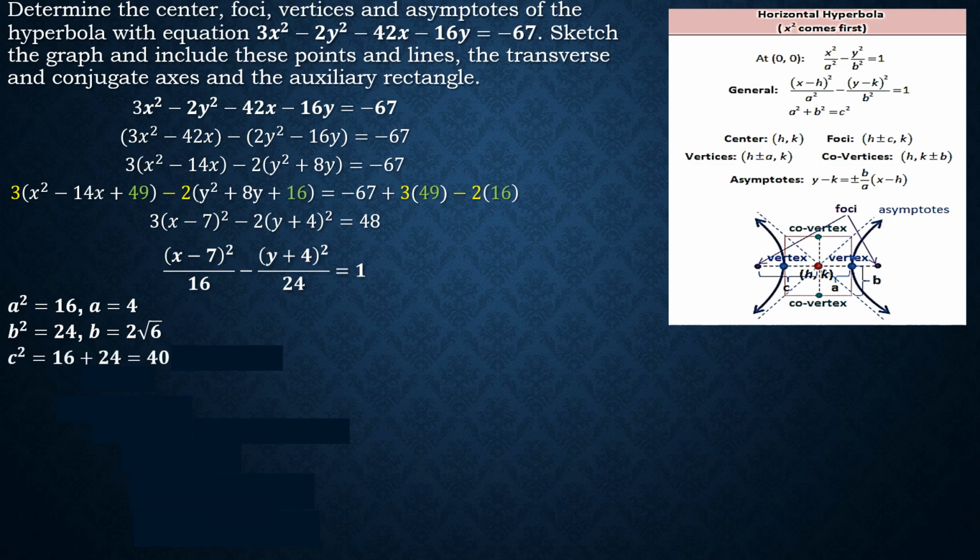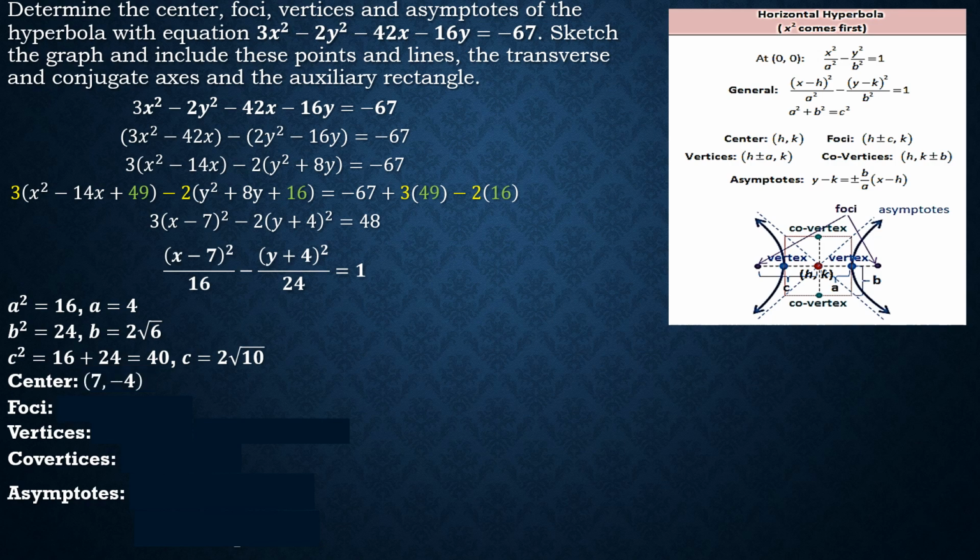So, we have 16 plus 24, that's equal to 40. So, c is equal to 2 square root of 10. Now, for the coordinates of the center, let's look at our standard equation. So, the center is 7, negative 4.